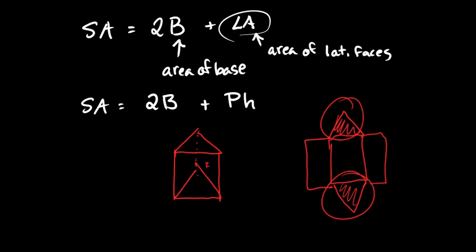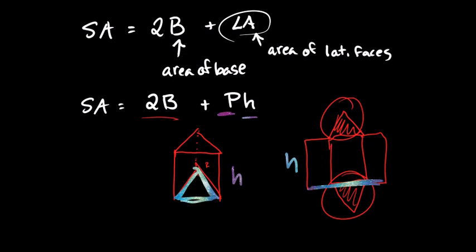That's what a prism is. The bases are the same. So that takes care of this part. Now the next part, the perimeter times the height. Well, here's the height. So if I were to label that, there's the height. And the perimeter of the base looks like this. Perimeter of the base goes around the bottom.